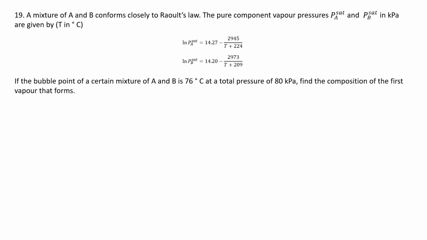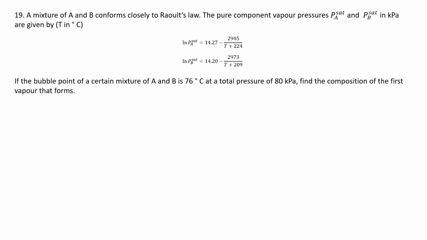A mixture of A and B conforms closely to Raoult's law. The pure component vapor pressures PA sat and PB sat in kilopascal are given as this. So these are Antoine equations.